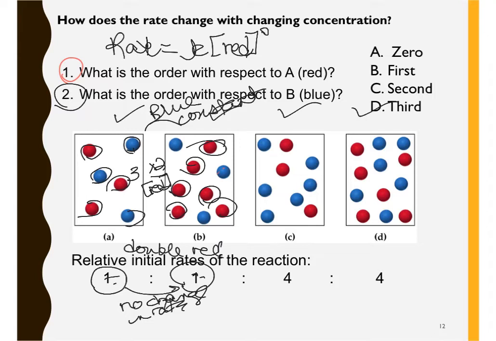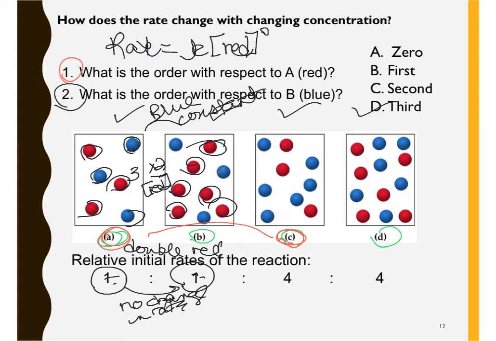All right, so the first thing to do is to decide which of these 4 experiments you can compare. Since we're trying to find the order with respect to blue, we want the concentration of red to be constant. So how about comparing A and C?